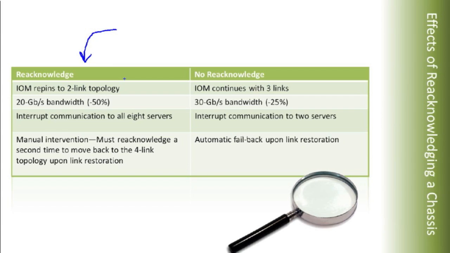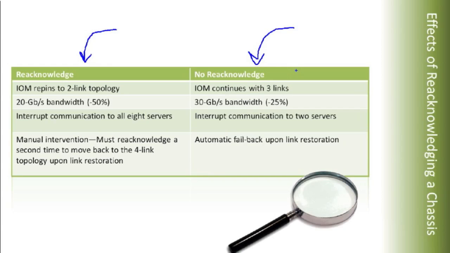Okay? So we need to re-acknowledge if our servers aren't configured for the appropriate failover. If our servers are configured for the appropriate failover, then we are not obsessed with re-acknowledging the chassis.